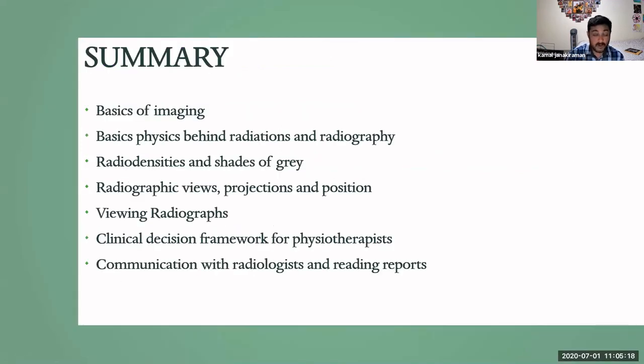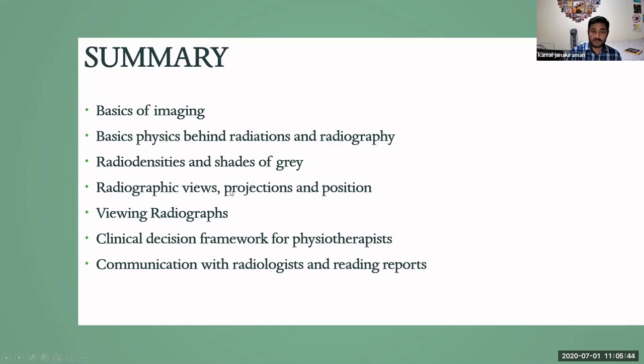Okay. So that's the end of all the chapters. Let's go to the summary. So what we learned today is the basics of imaging, basics of physics behind radiation and radiography, that is production of X-rays, and how the radiodensities and different shades of gray help to differentiate various structures in the body.